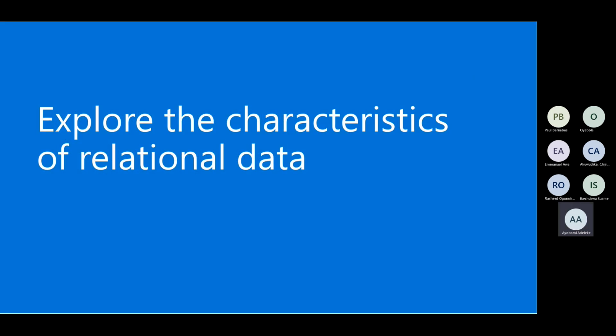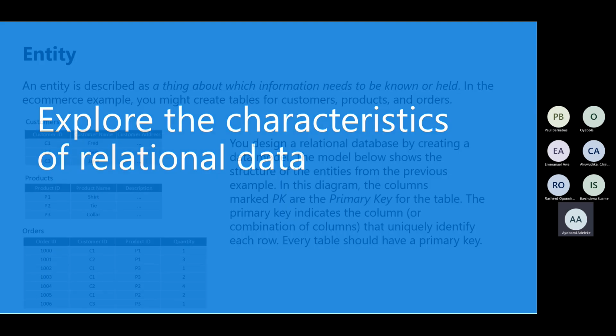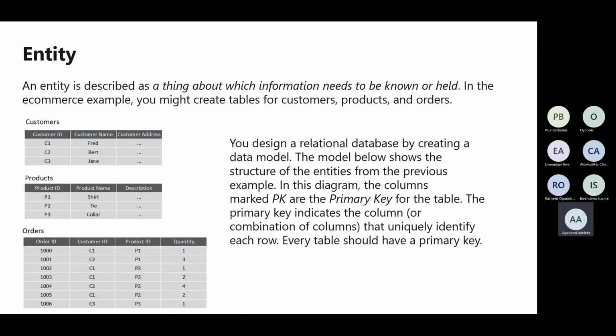All right, so the first part here is exploring the characteristics of relational data. Before we go deeper, when you talk about relational database, let me give a quick introduction. It refers to storing data in relational structure, which is usually table rows and columns.